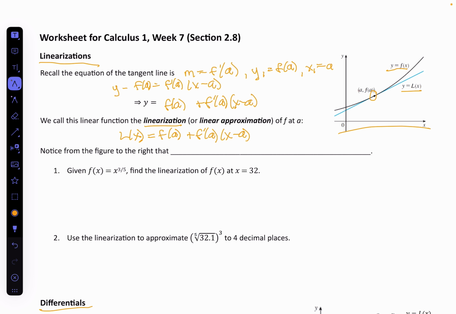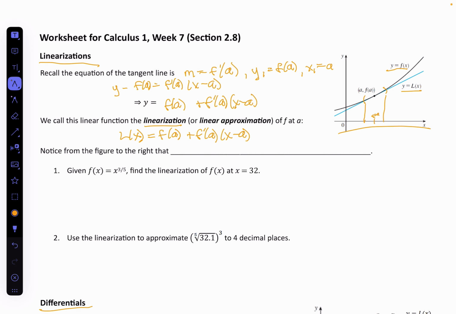Now if you'll notice from this figure on the right that if we consider x values pretty close to a, so let's say in between here and here, where x equals a is right there, then our blue line and our black curve are almost indistinguishable, meaning that the function values are very close to each other.